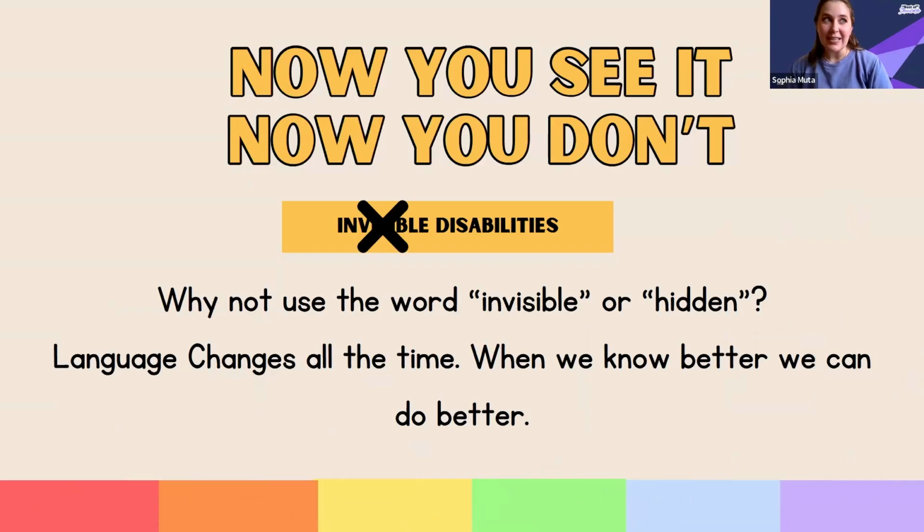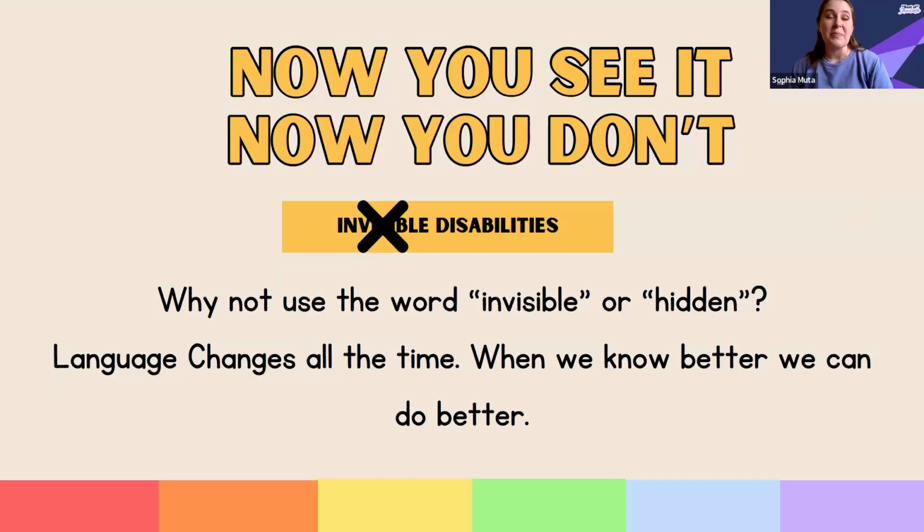So I changed the title to be non-apparent disabilities instead of using the word invisible or hidden, because the words invisible or hidden when discussing disabilities have some negative connotation. It also has some connotation that people who have non-apparent disabilities are intentionally trying to hide things from other people.